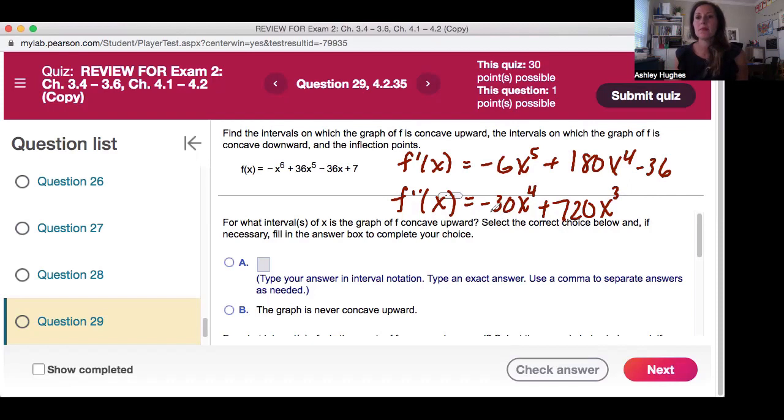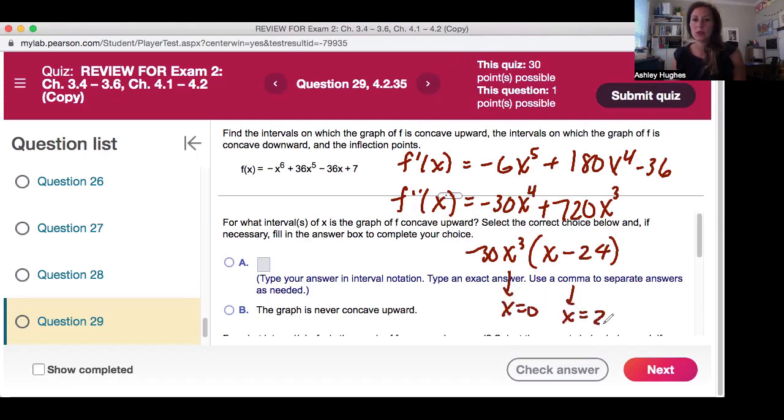And then let's see, if we divide that by 30, we get 24. So take out -30. Actually, hold on. Take out -30x cubed. So then you're left with x minus 24. So we get x equals 0 and x equals 24.